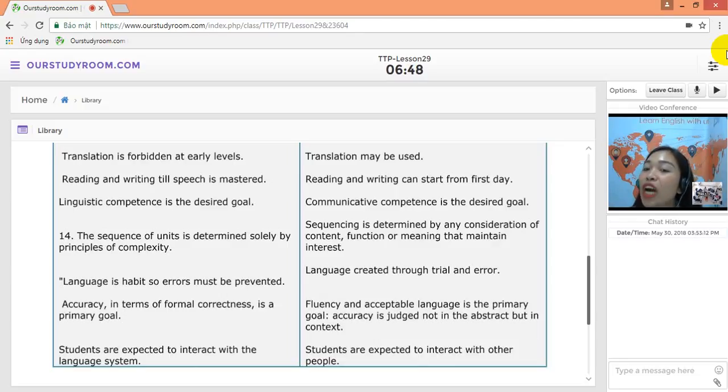Translating is not allowed at early levels, okay? Because they are very young. They are just at the low level. So if you are going to translate, it's not allowed in audiolingual, but in communicative it's allowed. It may be used in communicative. All right. Next one, please read.